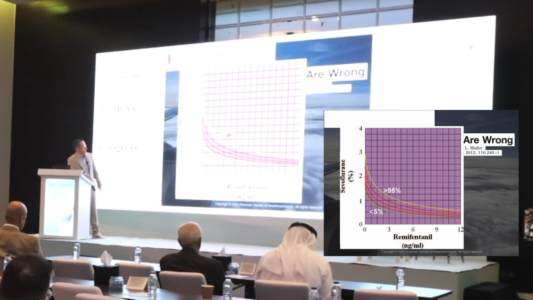Now each point on the yellow isoball, that is called the 95% isoball, will give you a combination of effect site concentrations that gives in a population 95% of the clinical effect. So this effect will not be moving.